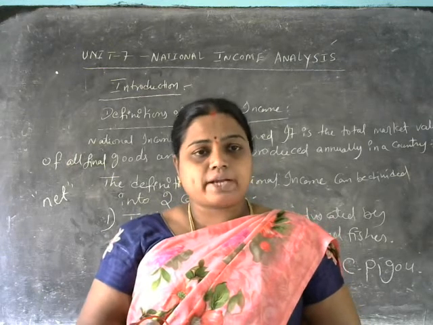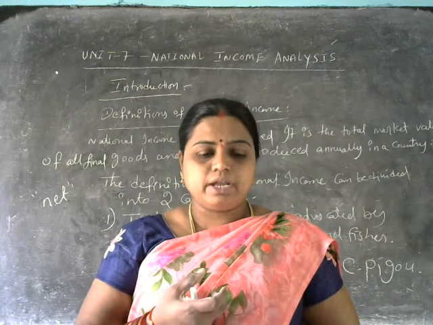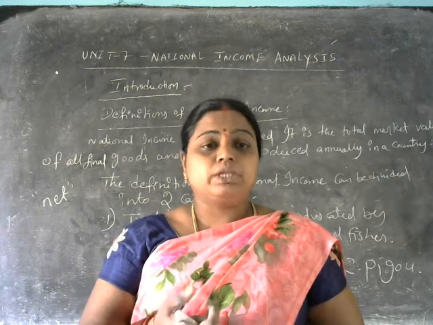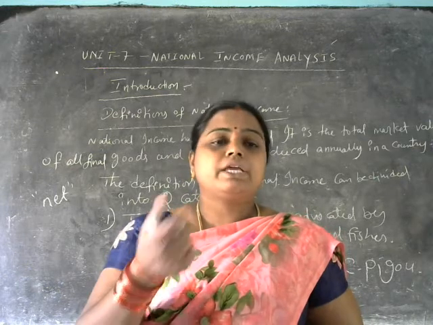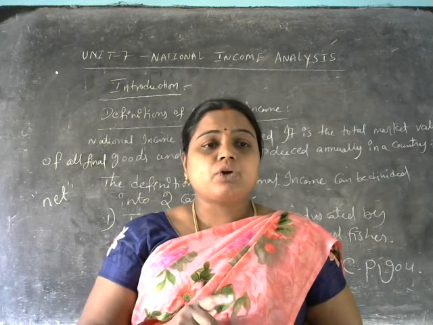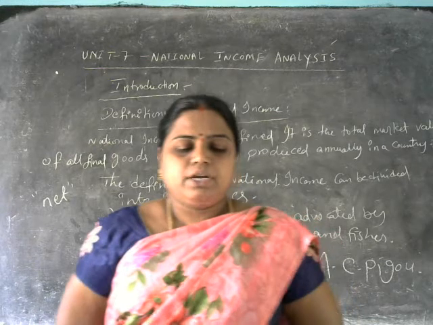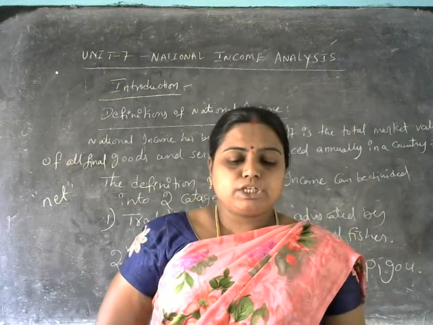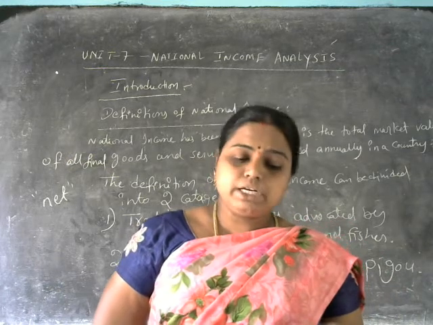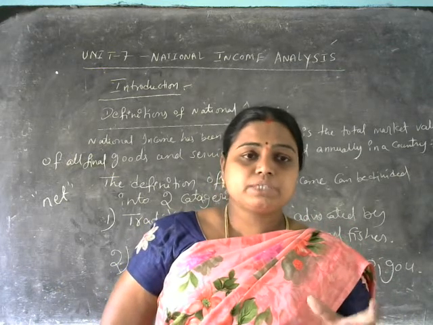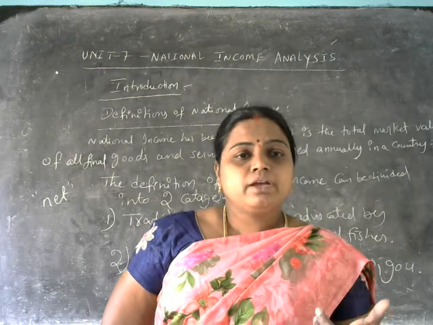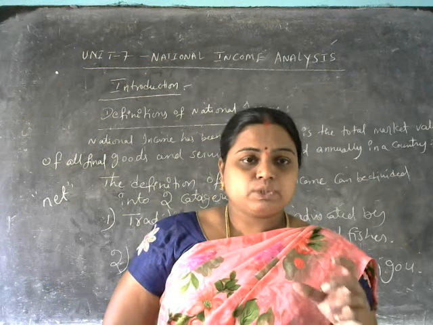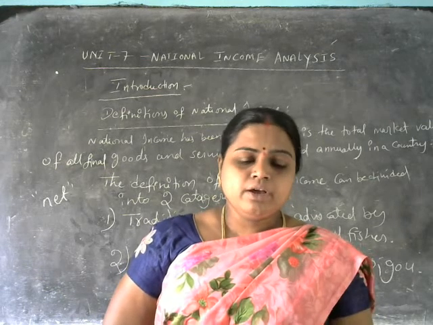The different activities, whatever income we incur, can be measured in the form of a money value, and that is called national income here. So in his definition, he included that national income is measured in the form of money.